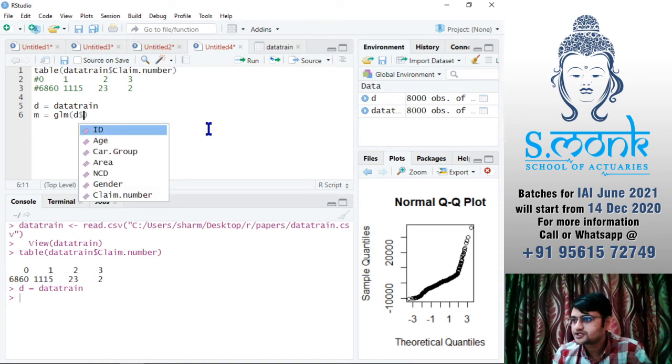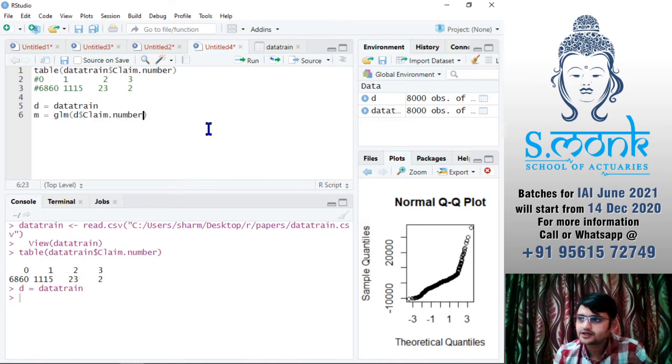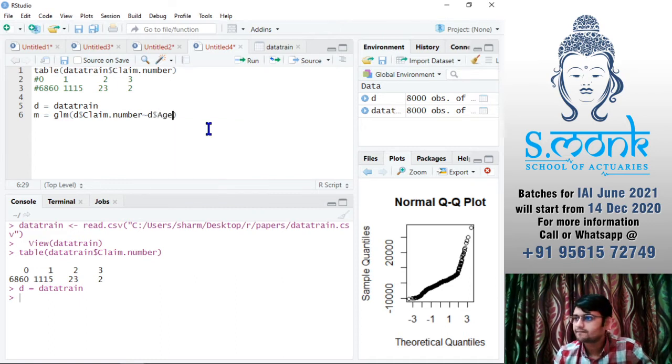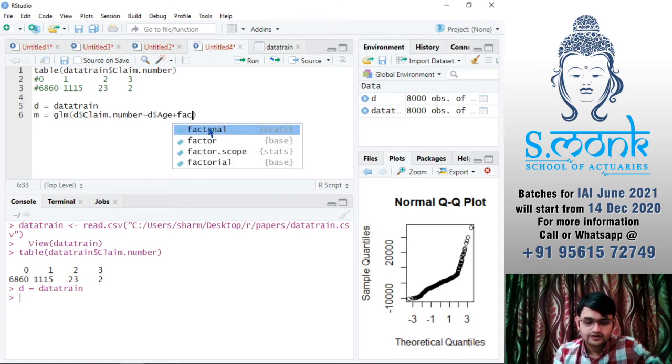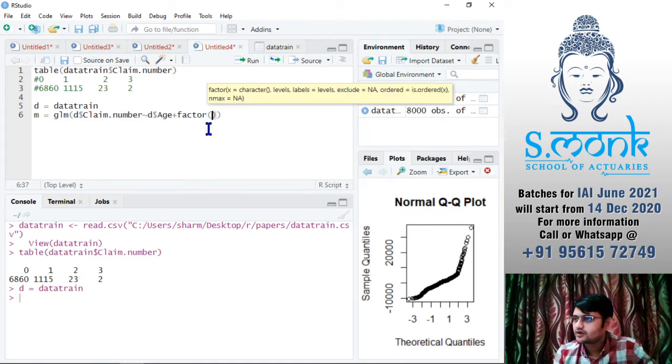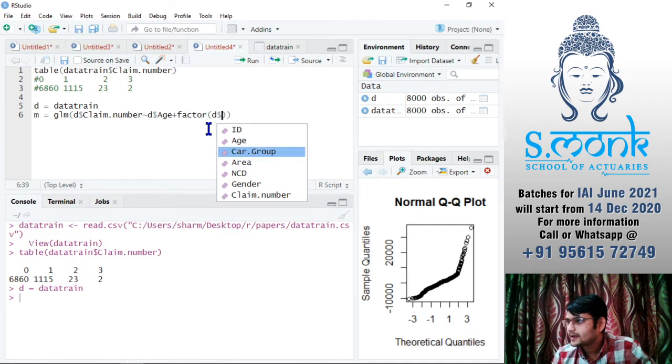Now see the options. This is my response, claim number, follows age, which is going to be a vector, a variable, so age, plus I want factor D dollar car group, I want it as a factor.